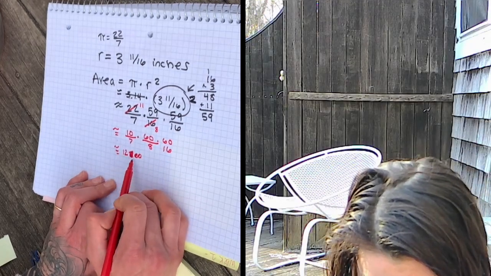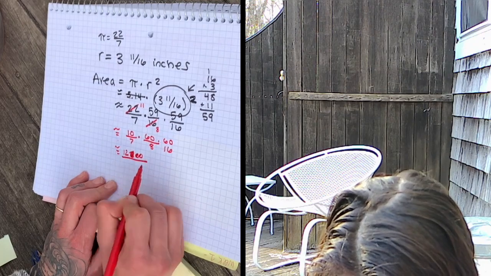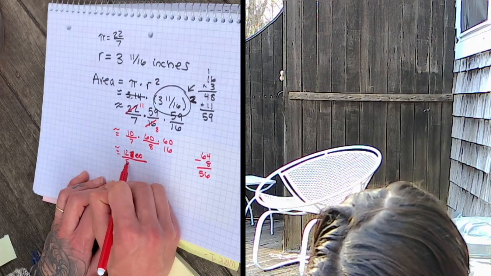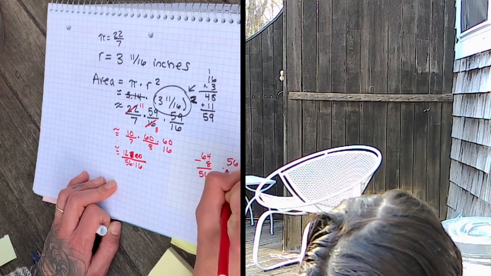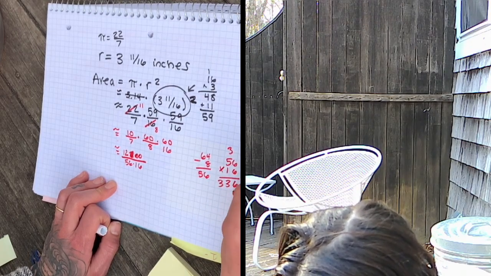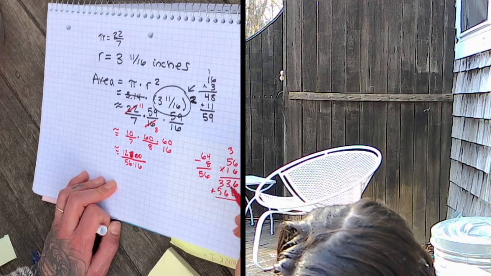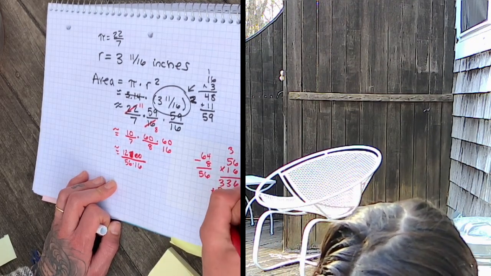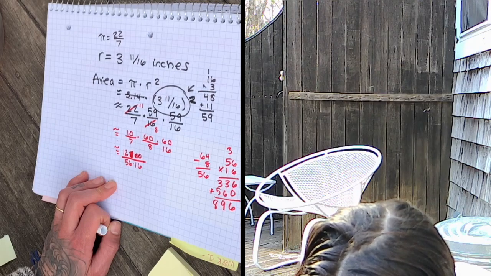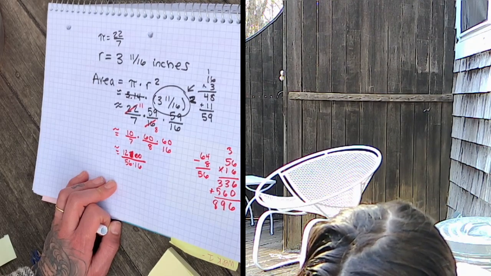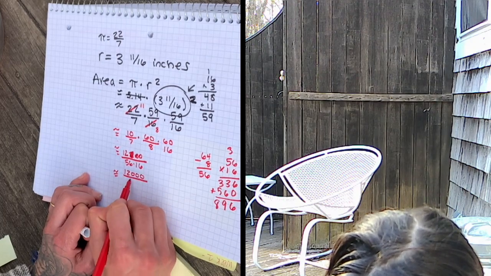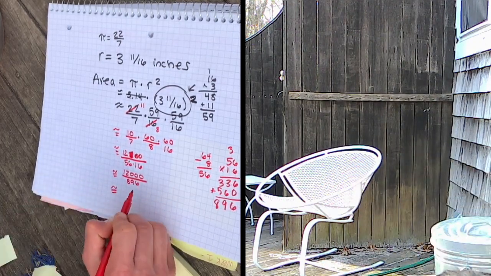So I get 12,000 divided by 7 times 8, which is 56, times 16. 56 times 16 is 896, which is about 900.